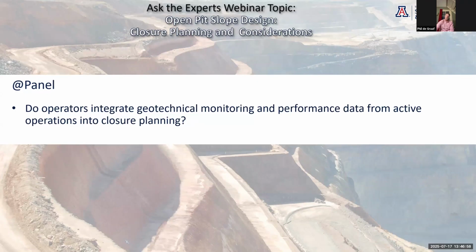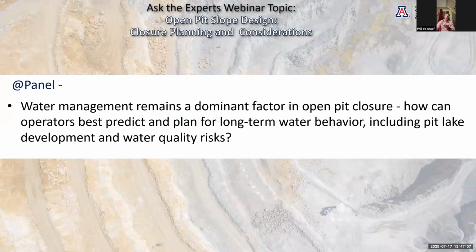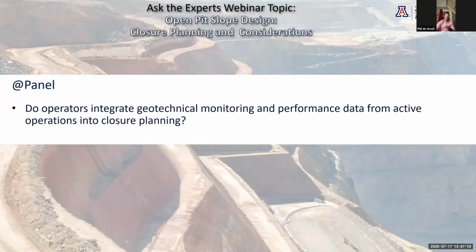I suppose one of the tripping points that many operational geotechs land in is that we look at a slope or a dump performance over the last 5 or 10 years, and it performs really well. And then we try and forward predict that performance for 50, 100, and 200 years. So past good performance is not necessarily a good predictor of long-term good performance, but certainly if the last 5 years have been performing poorly, then almost certainly the next 5 to 200 years will continue to perform poorly.